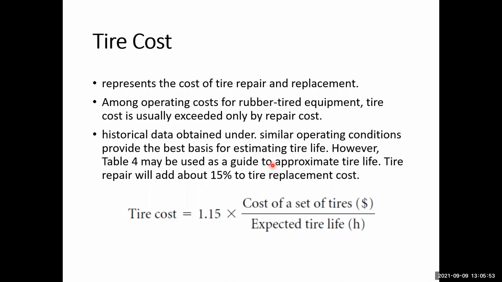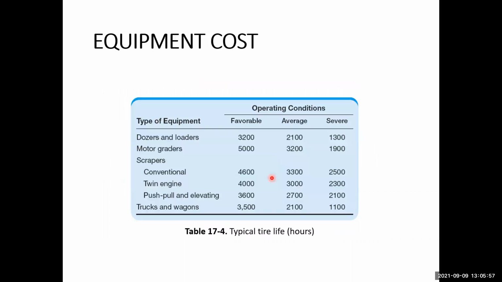First we will calculate the replacement cost using table number 4. For equipment which use tires, for example dozers and loaders, motor graders, scrapers, trucks and wagons, their typical tire life is given in this table.